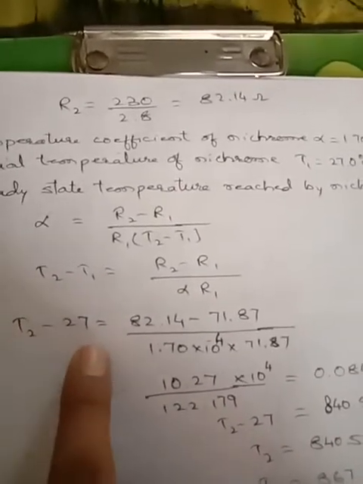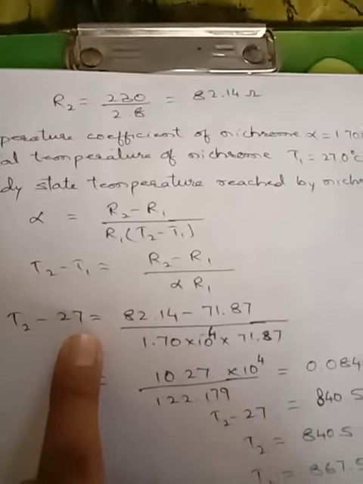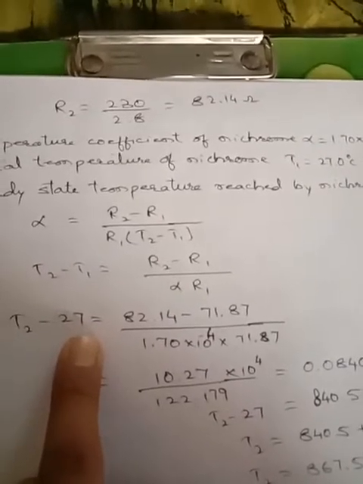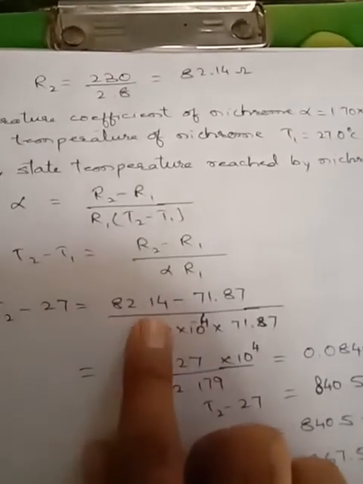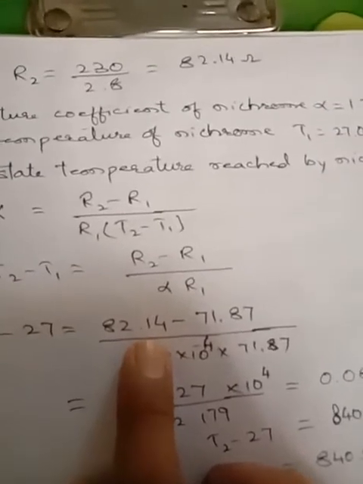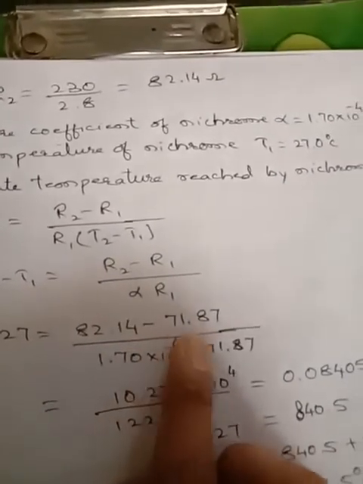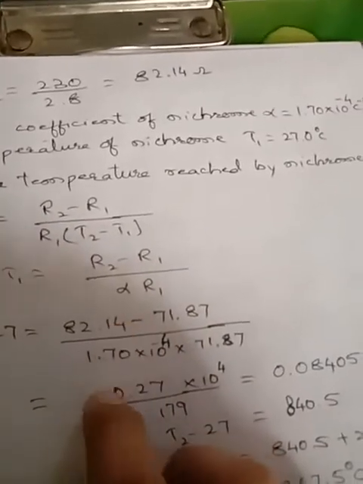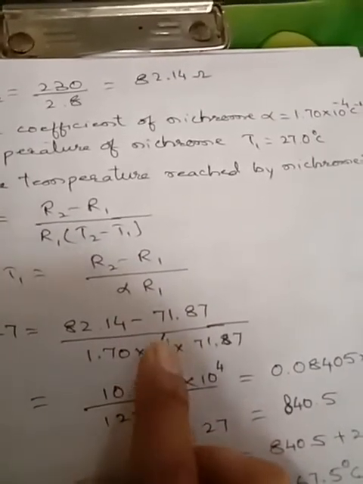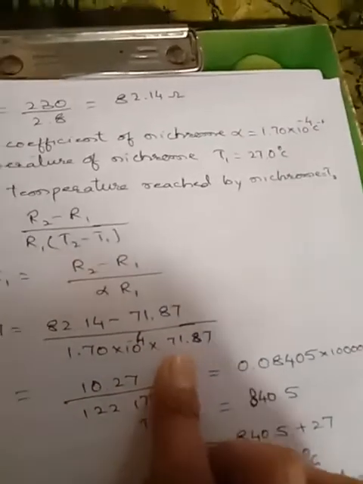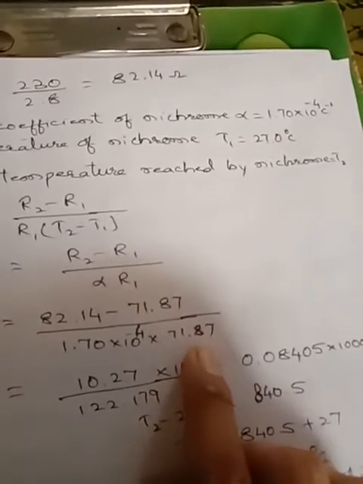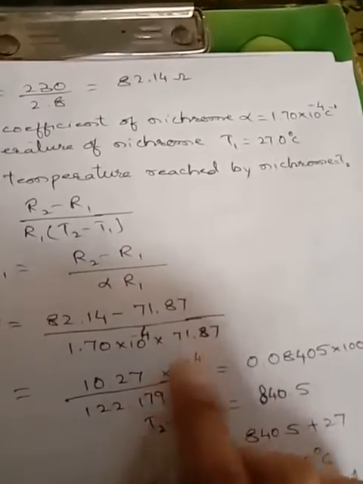Okay. Room temperature is given to you, 27 degrees Celsius, R2 is how much? 82.14 minus 71.87 divided by alpha 1.70 into 10 to the power minus 4 into R1, which is 71.87.